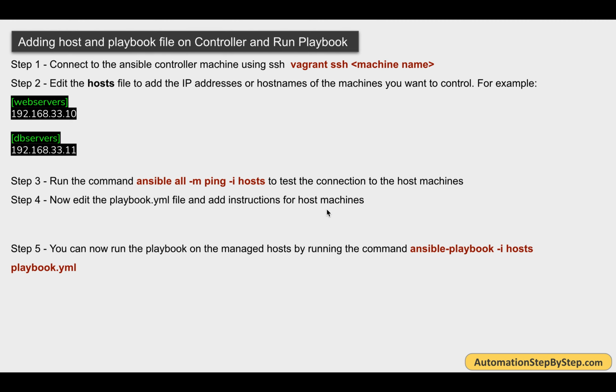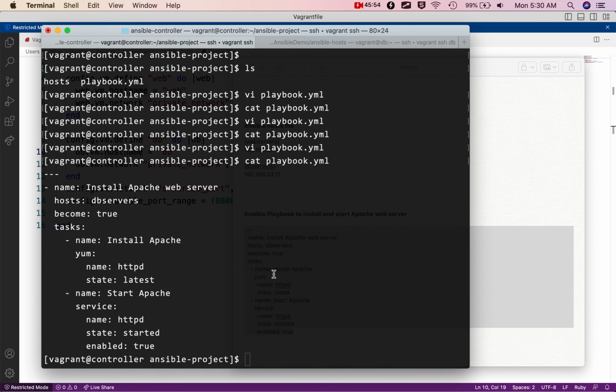Now we can try to run our playbook by using the command ansible-playbook -i to give the location of the inventory file which has information about the hosts, which is hosts, and then the playbook file, that is playbook.yaml. So I will say here, let me clear this.